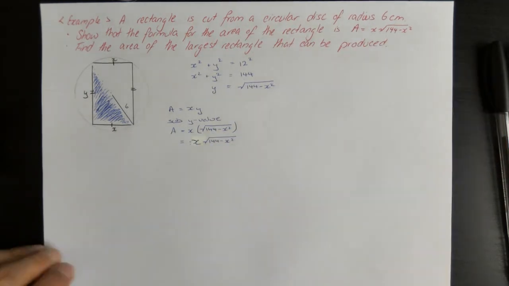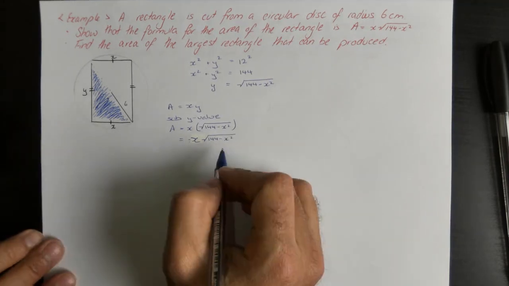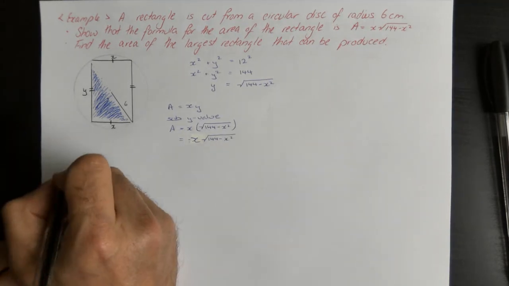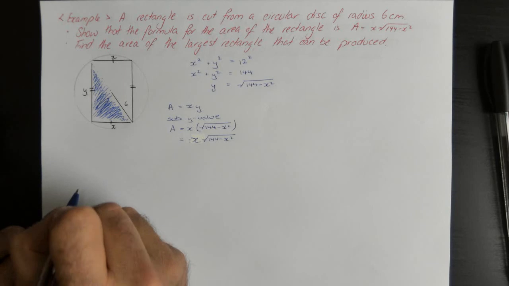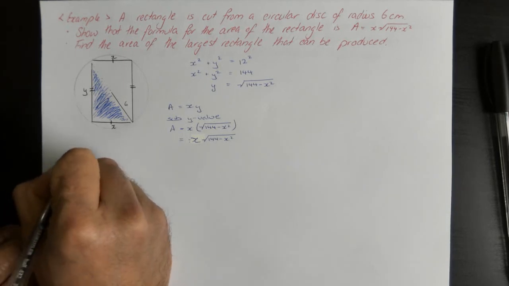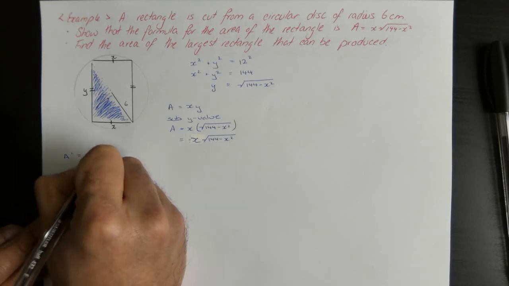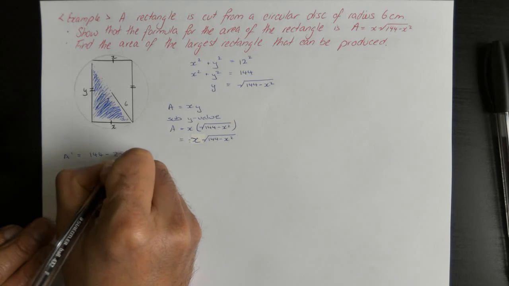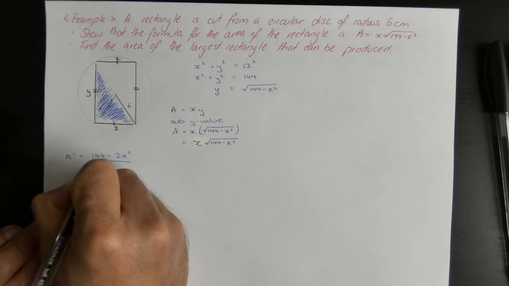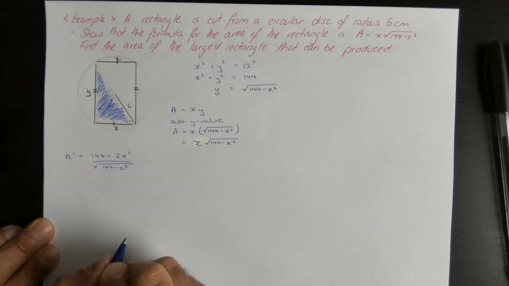Okay. Now we want to find the largest area. So the first thing we need to do is to differentiate that. So this is using the product rule. It works out to be that.